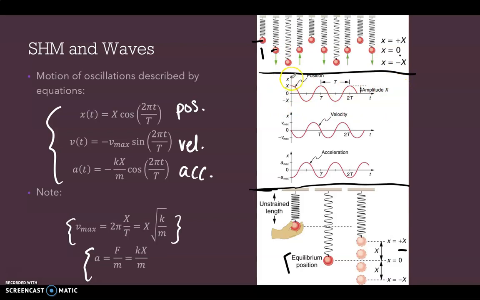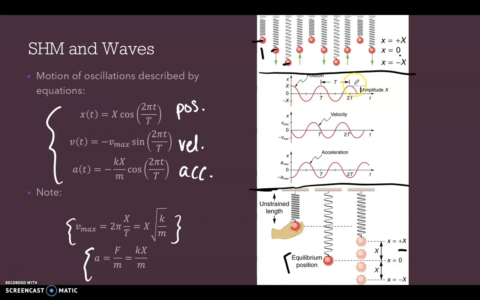So I can plot my position x versus my time t, just like we were doing in the previous sections of this course, but now we're looking at simple harmonic motion. It's the same idea: plotting position versus time.